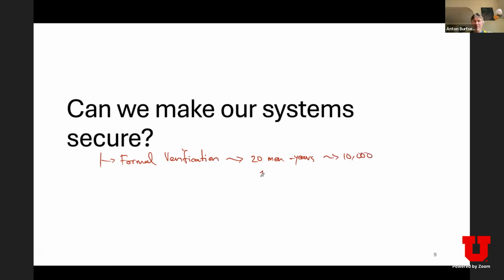Today, it roughly takes one person-year to verify the same amount of code. So it's like 20 times faster. But nevertheless, if you want to scale it to the size of 27 million lines, it's not really clear how it may work. So verification is fine, and it will be used for some parts of the kernel, right? But it's unlikely that the entire kernel will be within the reach of formal verification.